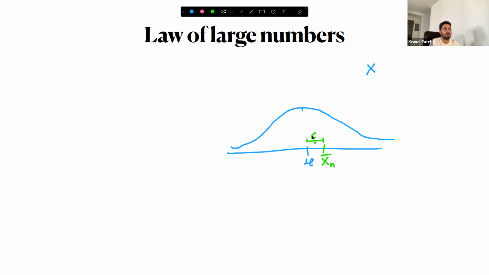Let's just call it epsilon. So basically, the law of large numbers says that this error becomes smaller and smaller as I take more and more samples, right? If n is very, very large, then this error will reduce, or rather the probability of making the same error will reduce, right? So that's basically the law of large numbers.